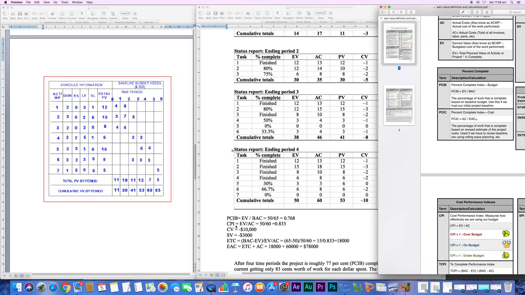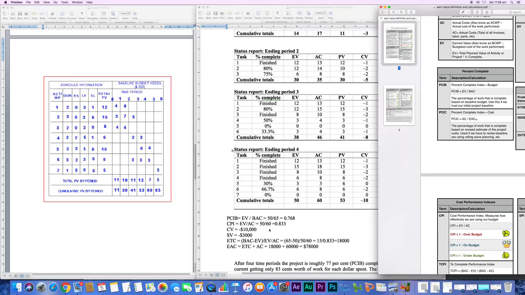And then we get some relative performance indexes, CPI. What does that mean? Earned value over actual cost. What does it say for your performance indexes? It is actually measuring efficiency.